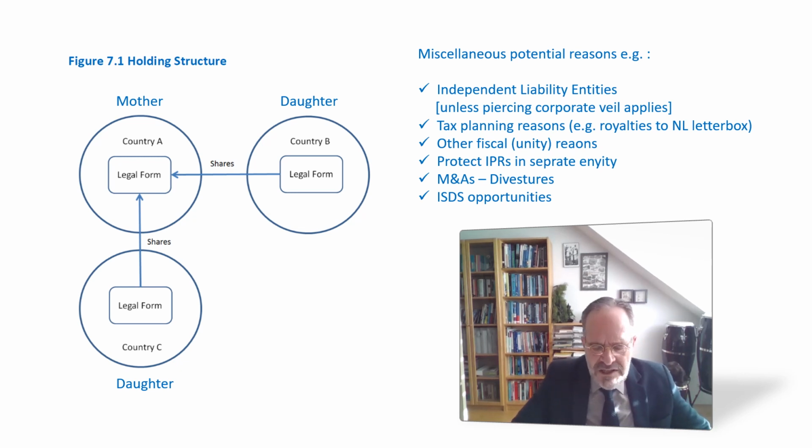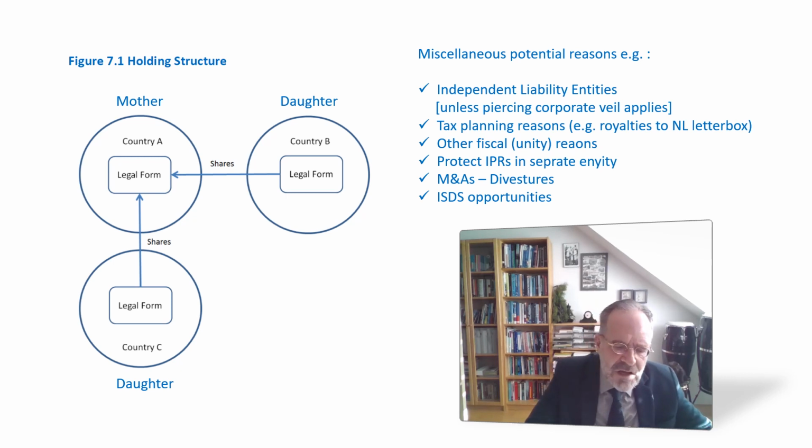The reasons that this type of activities are implemented by usually multinational companies, international companies, are miscellaneous. For example, in terms of liability, each daughter has its own liability. So the mother is in principle not liable for any liabilities of any daughter company.